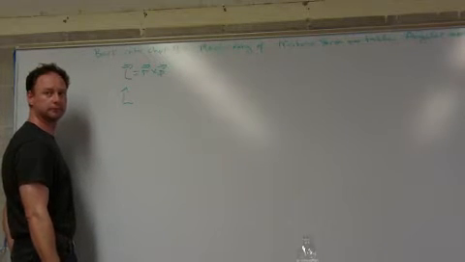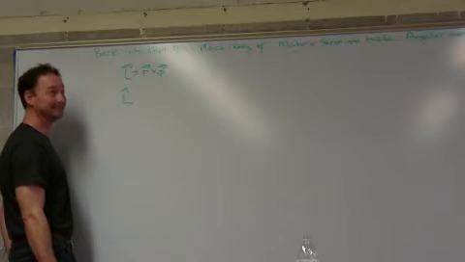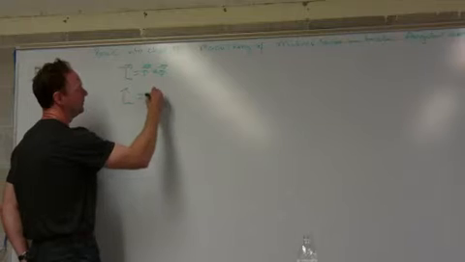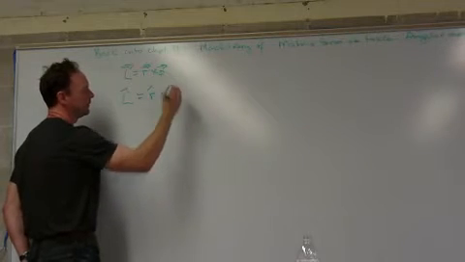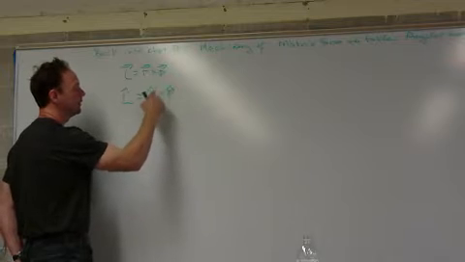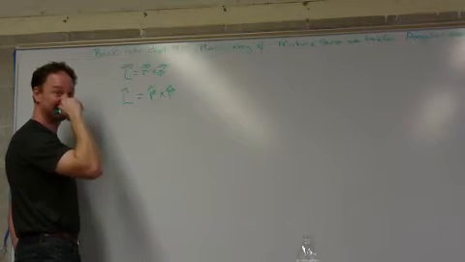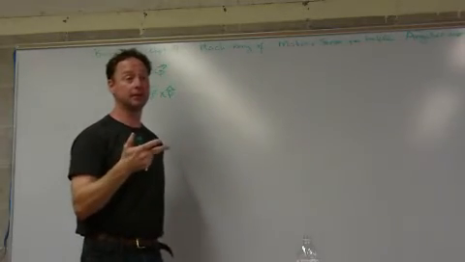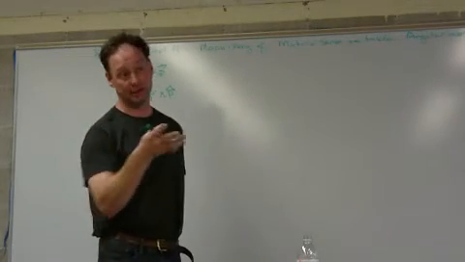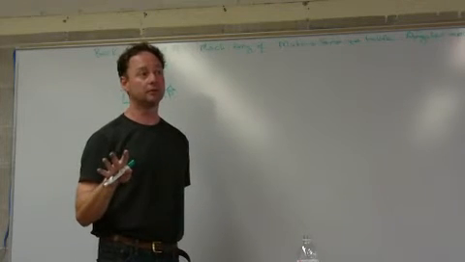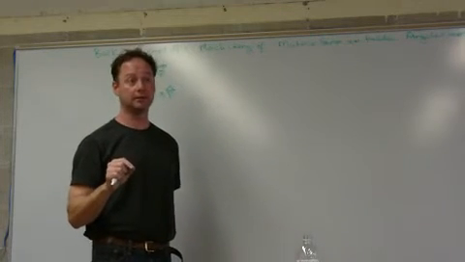How about if I do R operator cross P operator? Do I know R operator and P operator? R operator is just a generalization. In 3 dimensions, X, Y, Z. In spherical, it's R hat, theta hat, phi hat. But let's just do it in Cartesian coordinates to make our life easy.